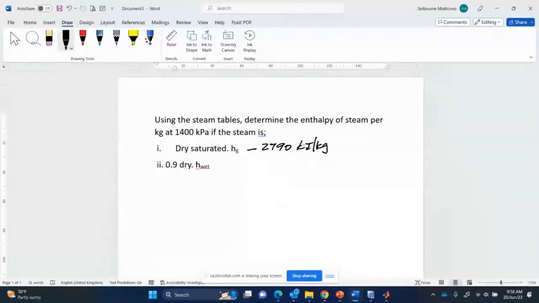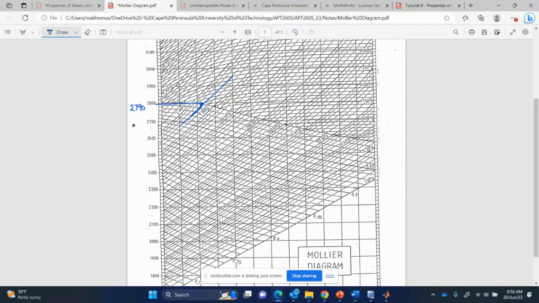Let's do the second one, again using the Mollier diagram. The pressure is 1400, the steam is 0.9 dry. We determine enthalpy from the Mollier diagram. Here is your pressure line, 1400. And then where is your 0.9? Here is the 0.9 dryness fraction line.